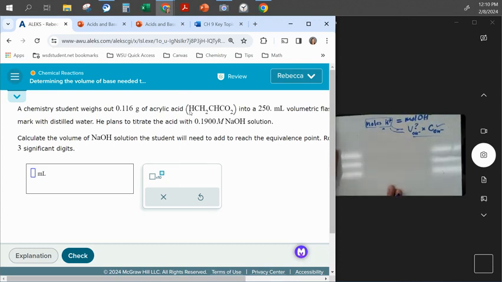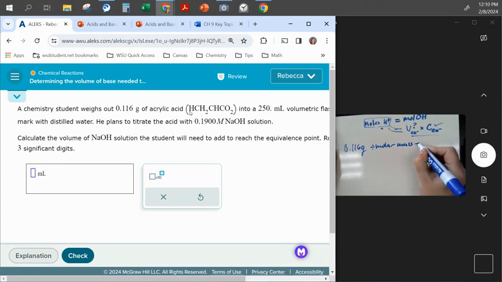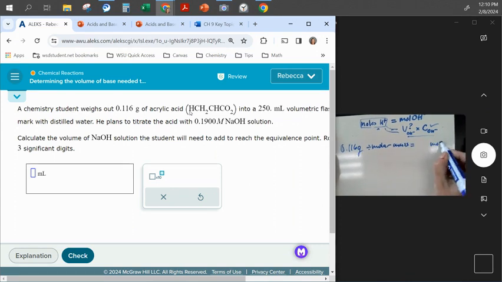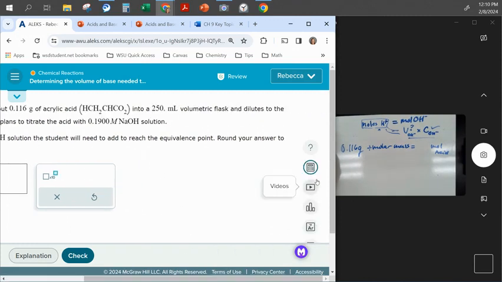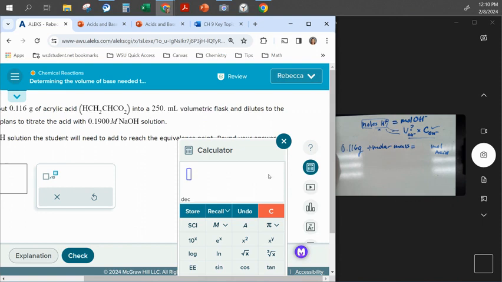So we're going to take our mass and divide by the molar mass to look for moles of acid. This acid is acrylic acid. So 0.116 divided by the molar mass.